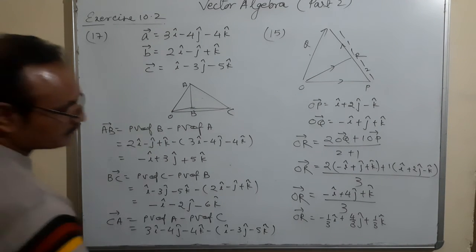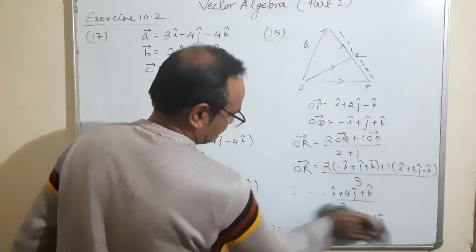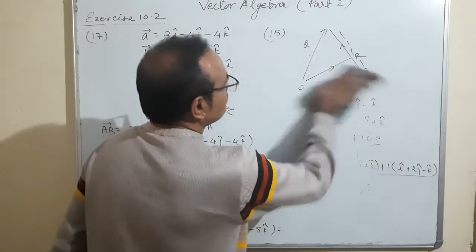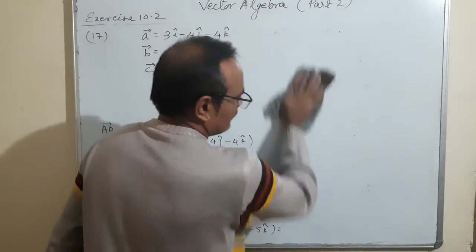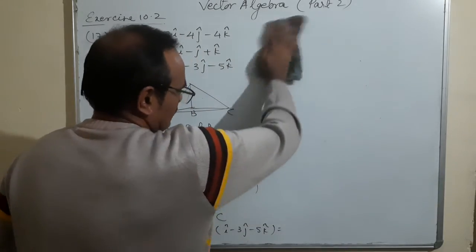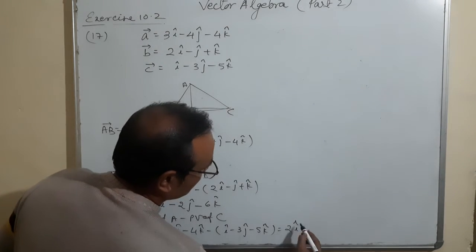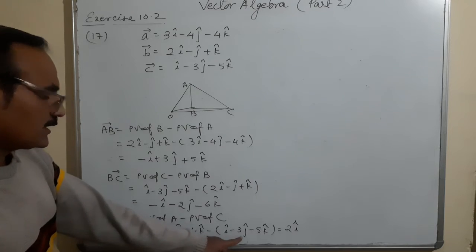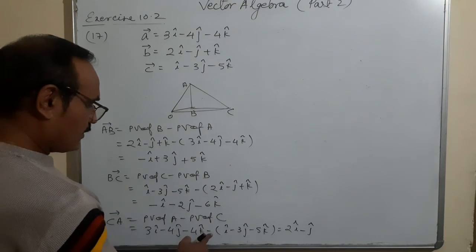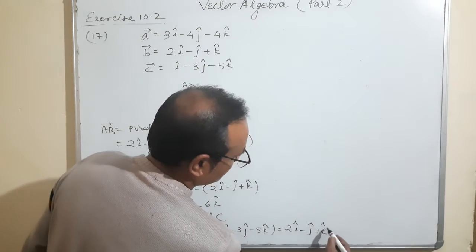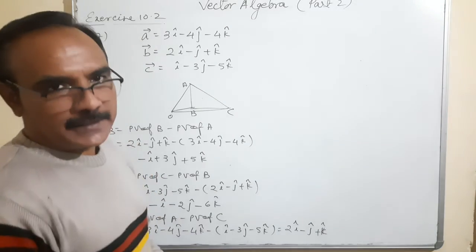So the final result is coming: 3i minus i, it is 2i, minus 4j plus 3j, minus j, and minus 4k plus 5k, it is plus k. Okay, this is CA.